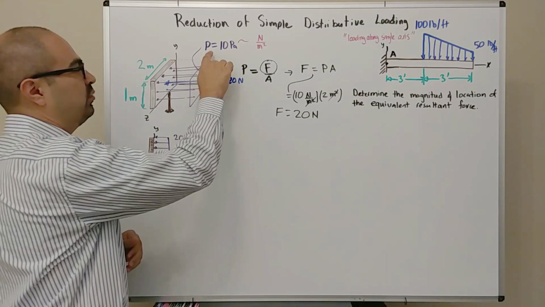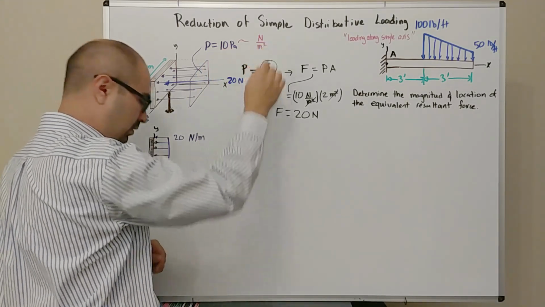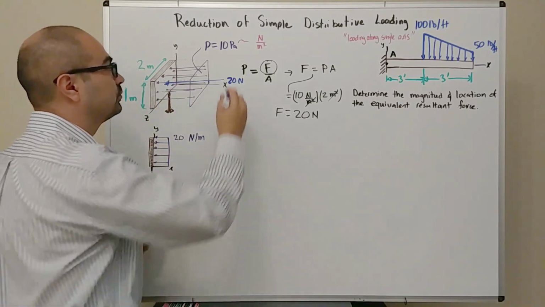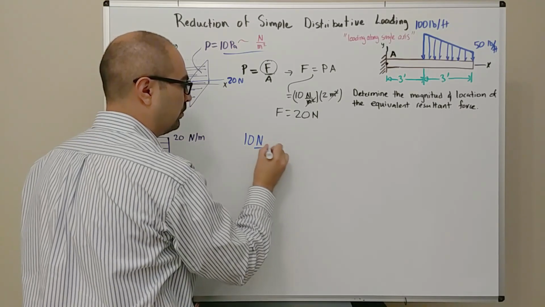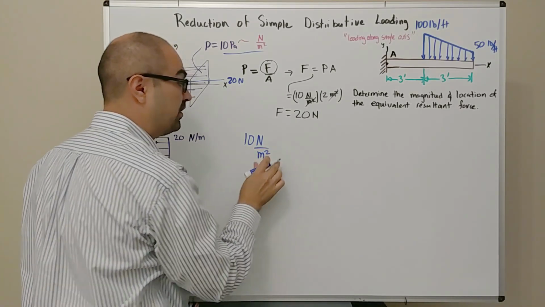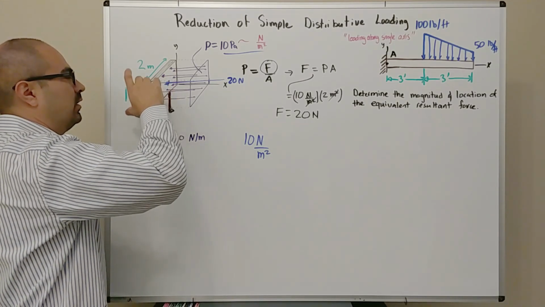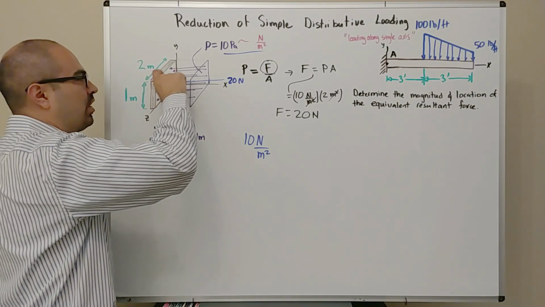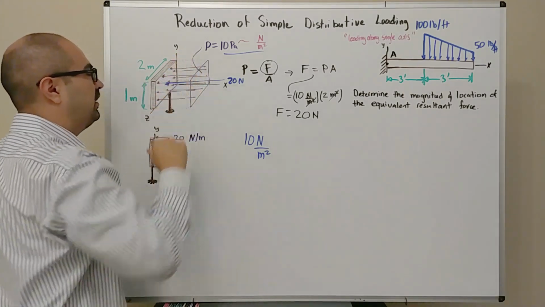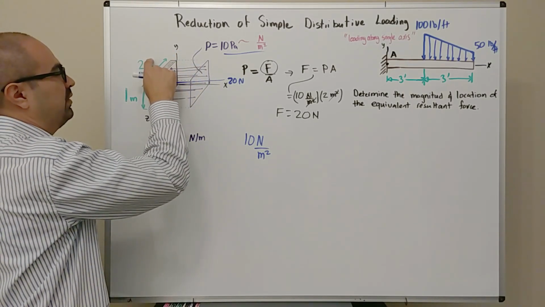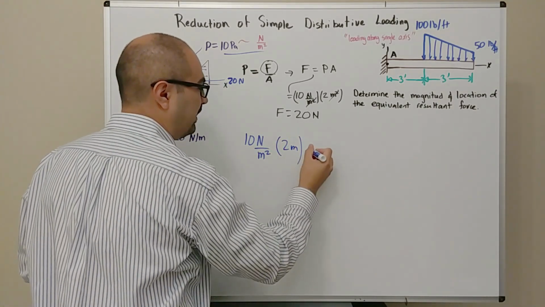If we take this pressure, which is 10 megapascals or 10 Newton per meter squared, sorry. And because the sign has its height, it's constant and not varying, this dimension is the same. I can go ahead and multiply times the width over here, times 2 meters.